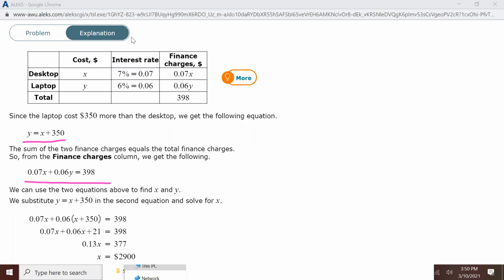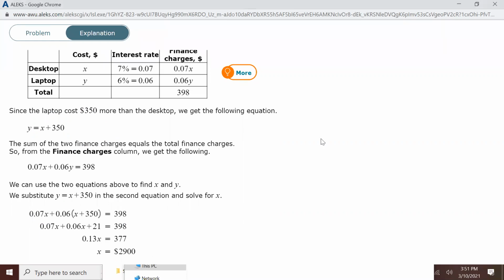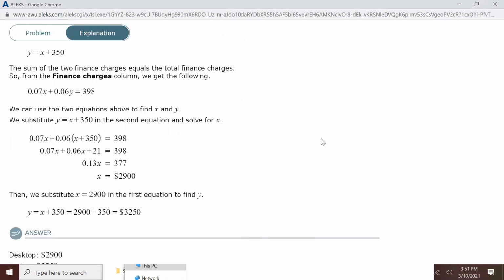Since one of the equations already has a variable isolated, the author has decided to do substitution method and plug this expression in for y, which we see right there. And then we solve for x, which is $2,900, and then substitute that in for x so that we can get y equals $3,250. That is how it's done.